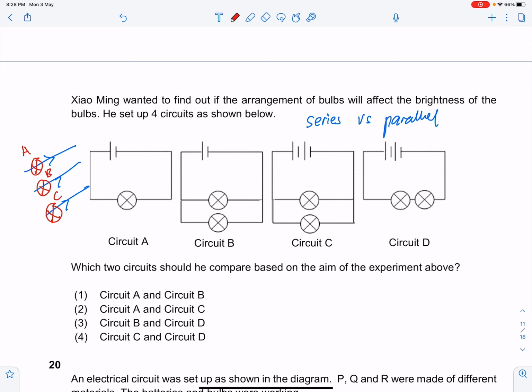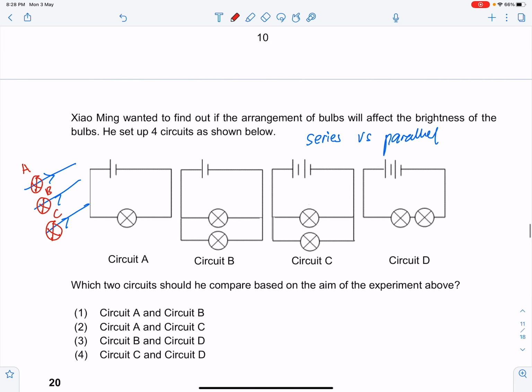Which 2 circuits should he compare based on the aim of the experiment? So you need one parallel and one series arrangement. Everything else needs to be the same. So based on this, right off the top, anything with circuit A, we cross it out, because remember, we said that everything else needs to be the same.